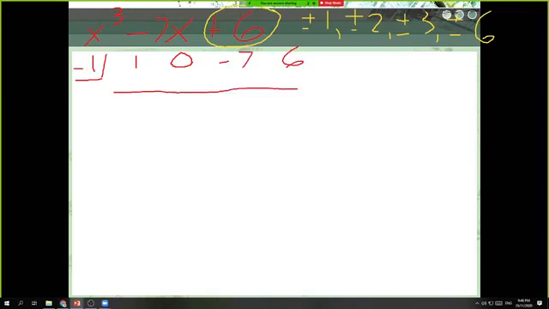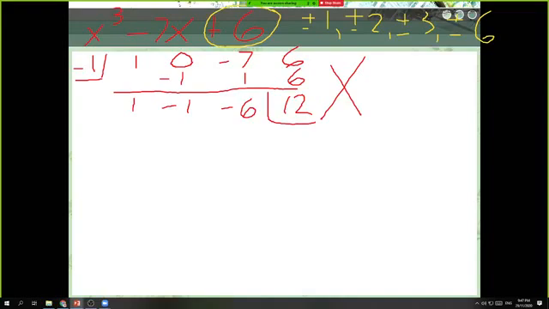So, bring down 1. So, you have 1 there. Negative 1. And then you have negative 1. Positive 1. That's negative 6. That's positive 6. And the remainder is 12. So, this one, I cannot use that. Why? Because the remainder is not 0.